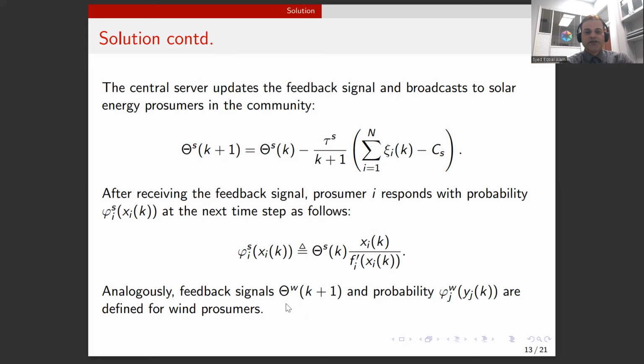So basically, theta_w^(k+1) is theta_w^k minus tau_w, which is again a constant in (0, 1), times 1 over (k+1), summed over j equal to 1 to m of psi_j^k minus C_W, and the probability is calculated as theta_w^k y_j^k divided by G_j'(y_j^k).